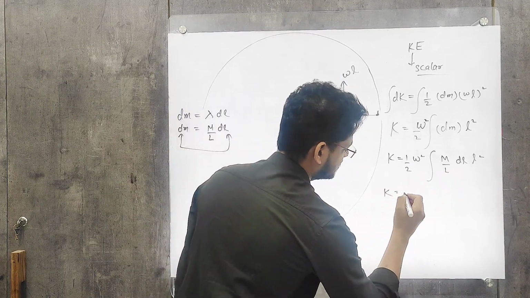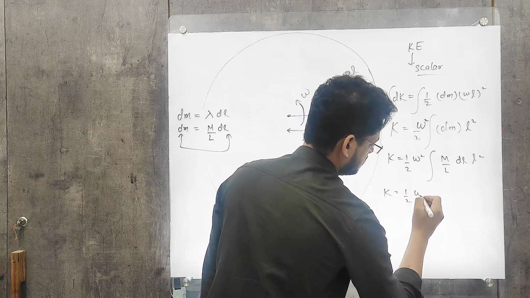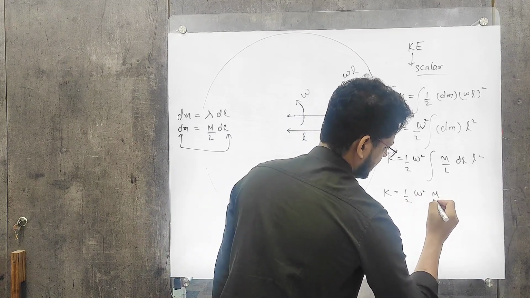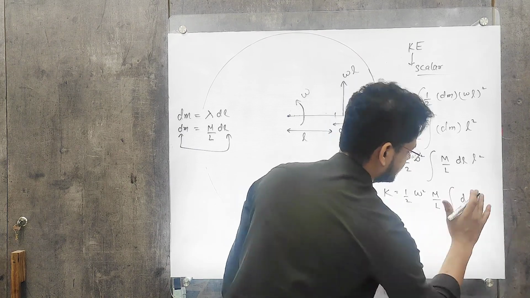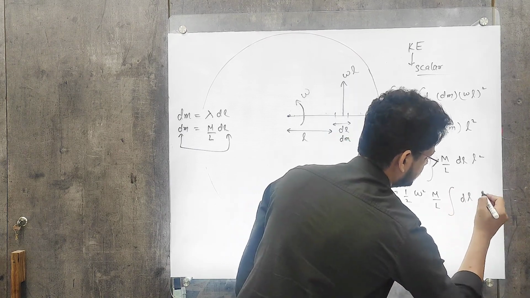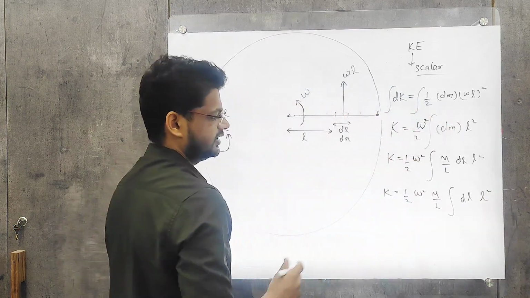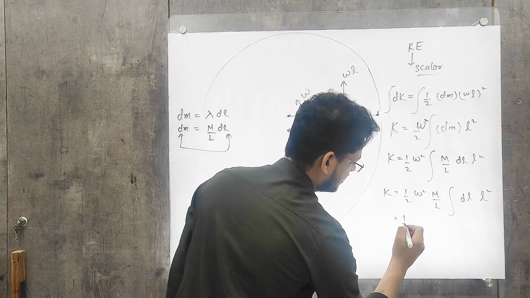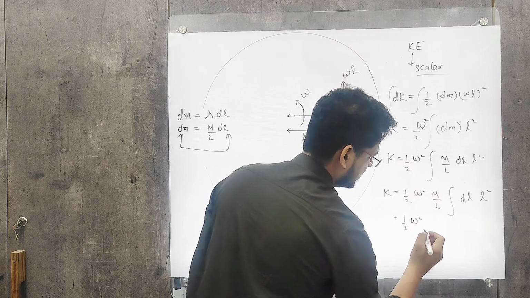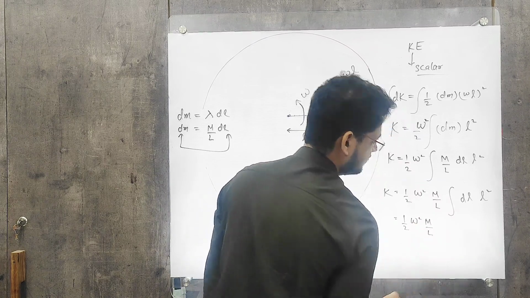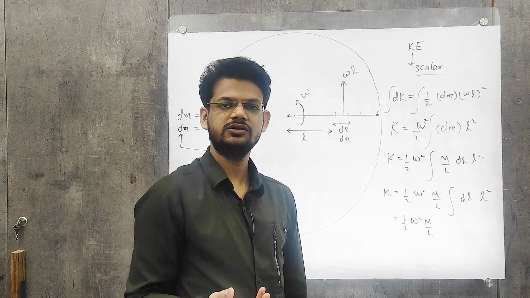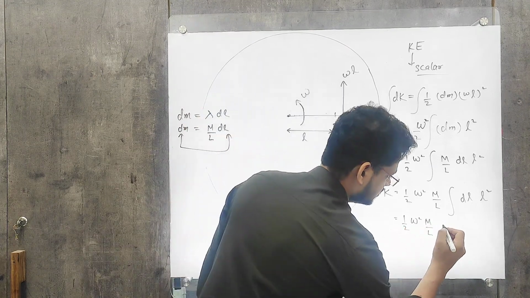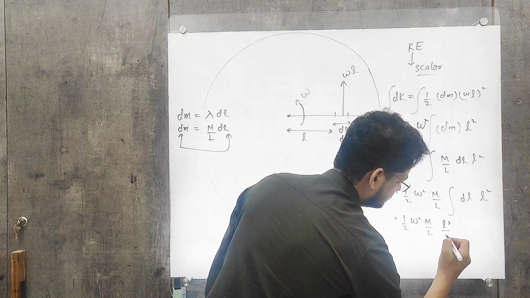It will become k is equal to 1 by 2 omega square m by l, what is left? dl into l square. Now it is very simple. What is the integration of l square? Simply l cube upon 3.